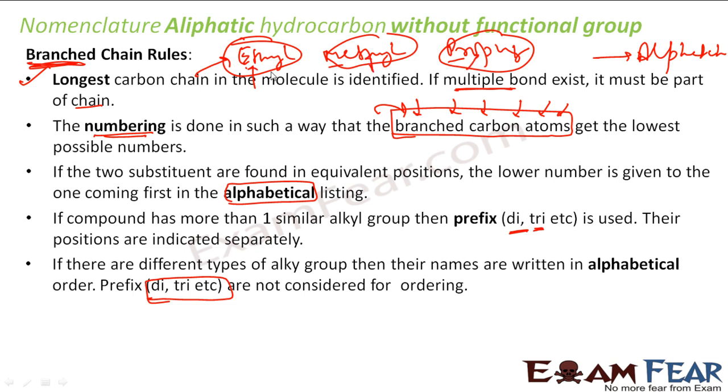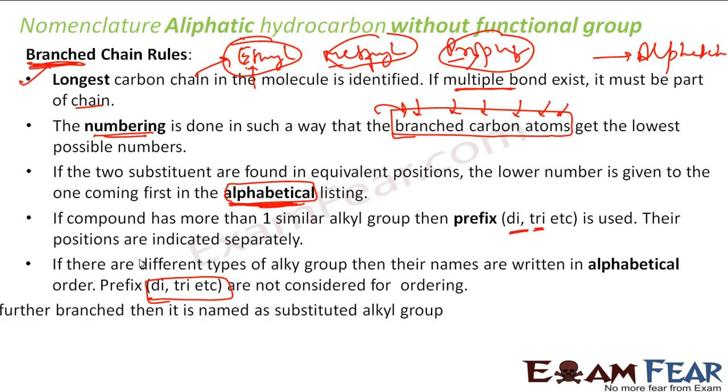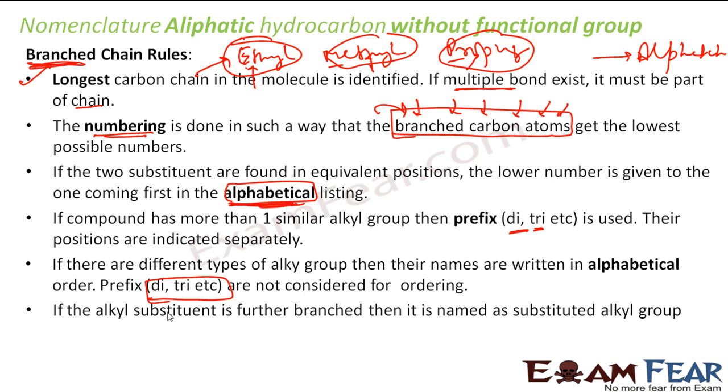If it is di, tri, those words are not considered. When you talk about alphabetical listing, we only consider ethyl, propyl and butyl. We'll discuss this one by one. We'll take some examples to understand this. And then if the alkyl group is further branched, then it is named as a substituted alkyl group. We'll take one example to understand this.